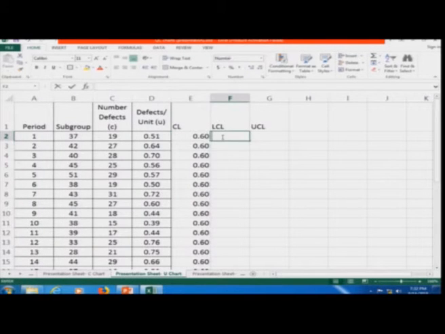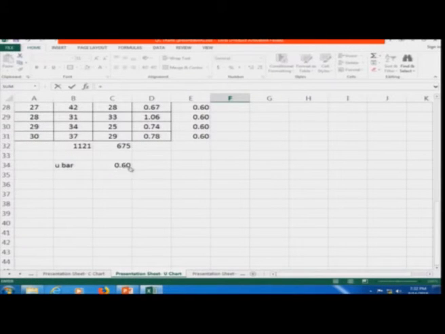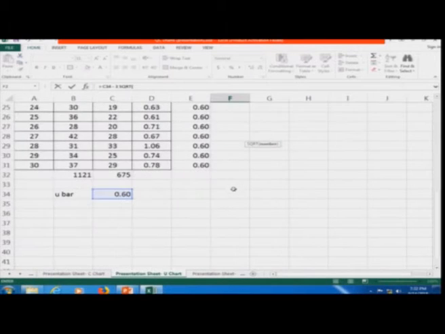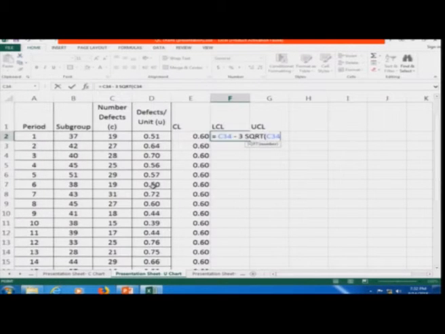Then lower control limit is equal to U bar minus 3 times square root of bracket, U bar divided by n. What is n here?